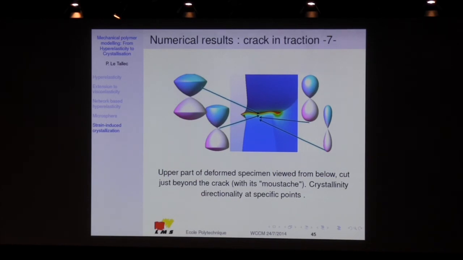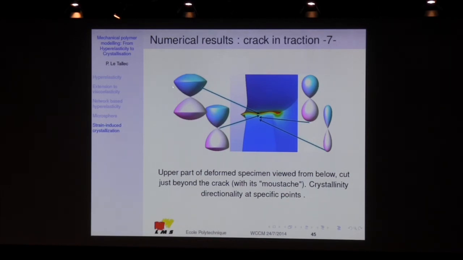You see that obviously it's maximum in the direction of traction, but it's quite large next to the crack tip. As you go further, the crystallization is much more aligned and much more unidirectional.